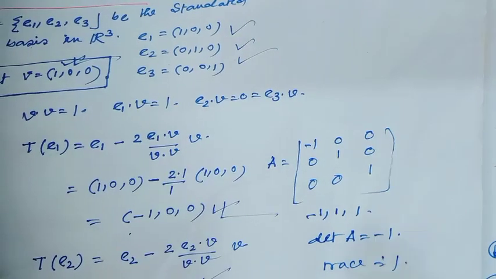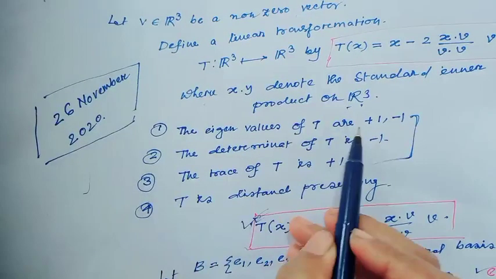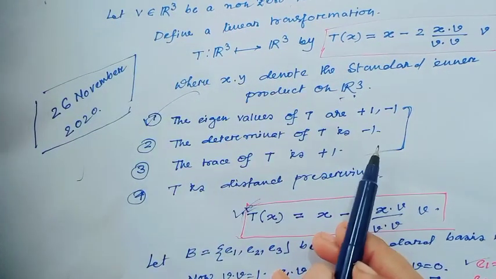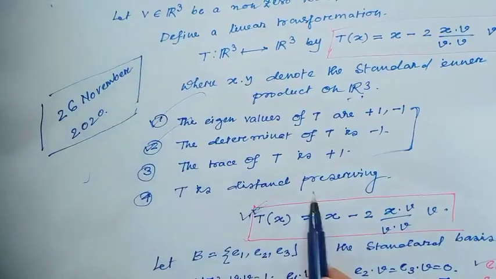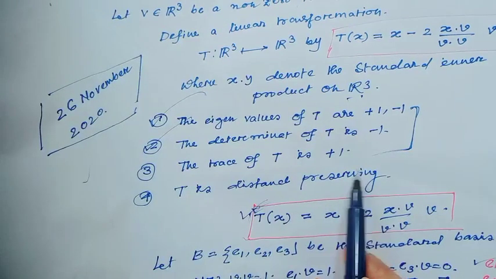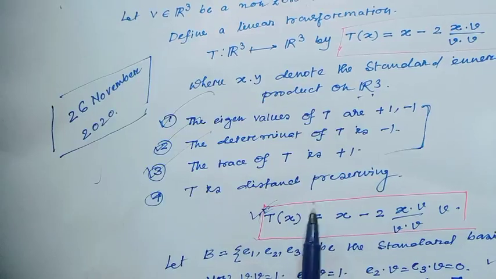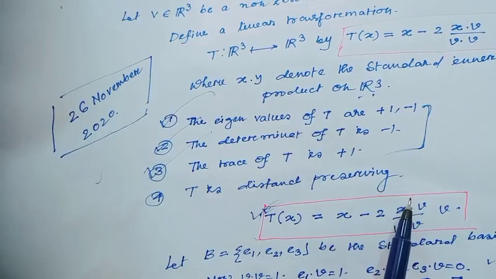Now let's see the options. The eigenvalues of T are plus 1 and minus 1: this is true. The determinant of T is minus 1: this is also true. The trace of T is plus 1: this is also true.